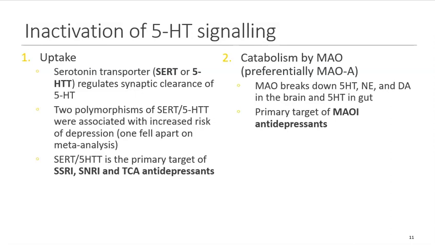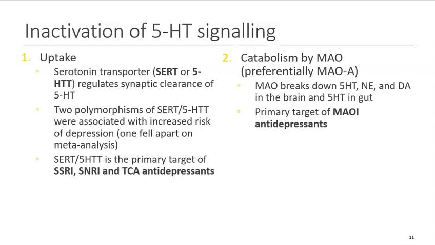There were 2 polymorphisms of SERT associated with an increased risk of depression. One of them did fall apart on meta-analysis, but it's still important to note that there were 2. SERT is actually the primary target of most SSRIs, SNRIs, and TCA antidepressants. So many of those drugs target the serotonin transporters.